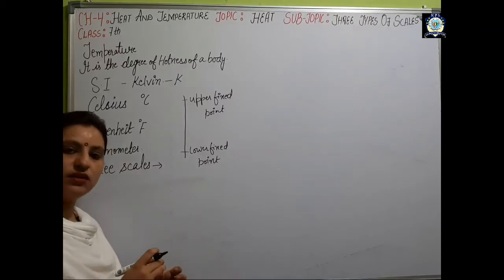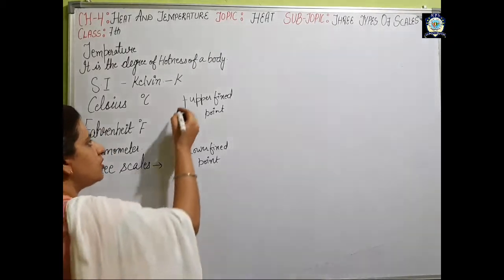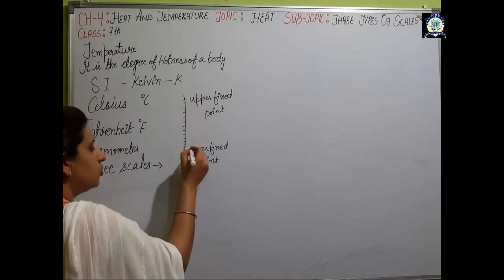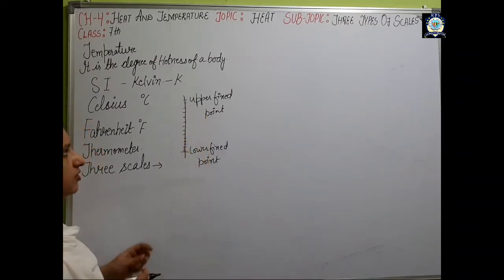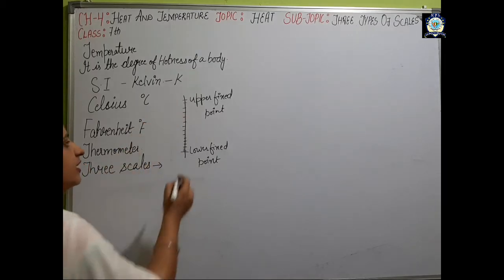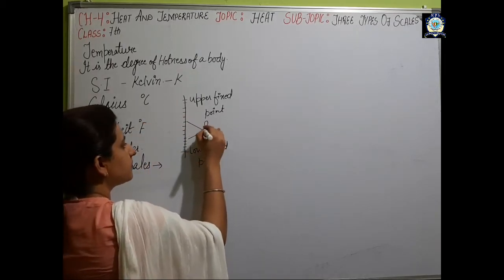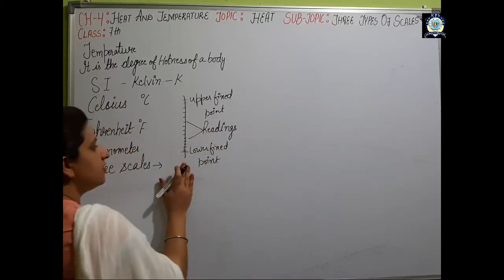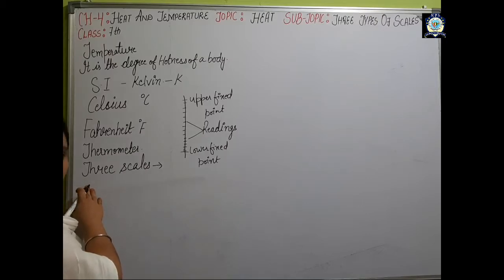And all the readings are in between these 2 points. So these small markings in between these two fixed points, that is lower fixed point and upper fixed point, they are called as readings. This thing is common for all the three type of scales.